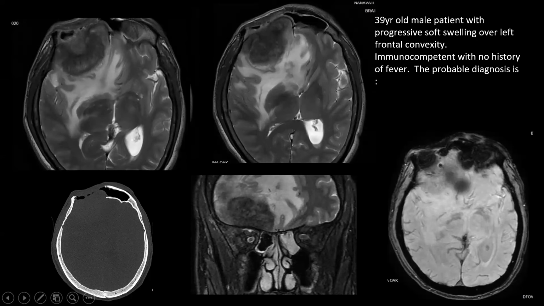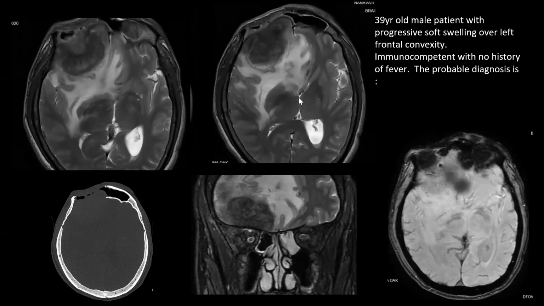But this patient additionally had no fever, and the patient is also immunocompetent when the history was taken in detail. On SWI images, some areas of blooming were seen within. We could not make the diagnosis as such just based on the imaging, and we thought it is atypical meningioma or some aggressive lesion of the calvarium.